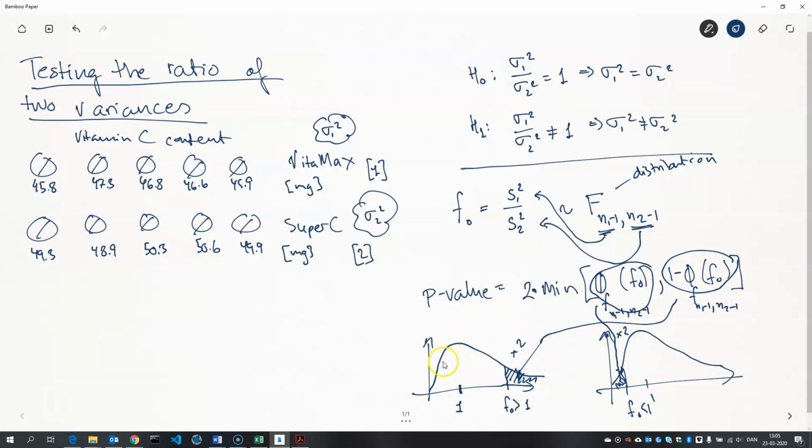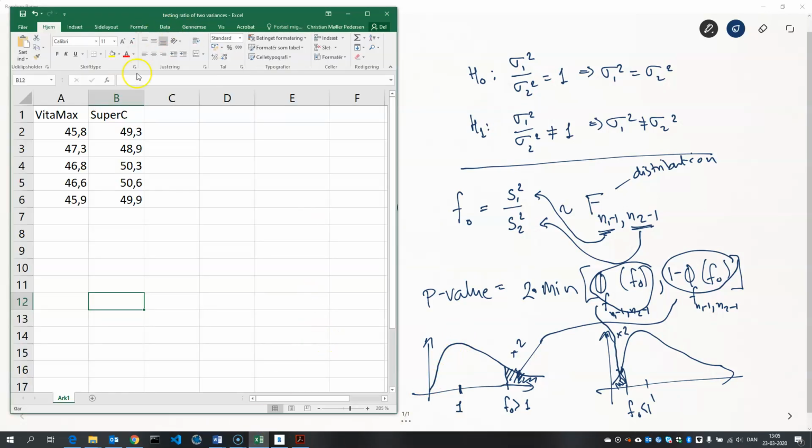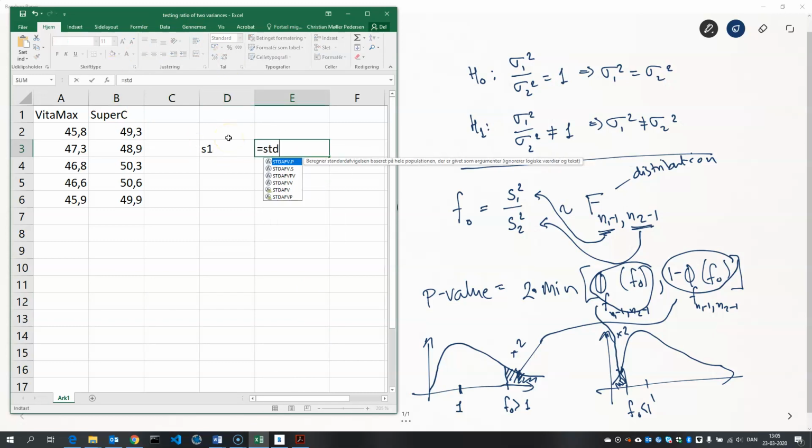Let's try to do it in Excel. So here we have the data. The first thing we compute is the sample standard deviation of the first sample, STDEV in English. And remember, it's the sample standard deviation.